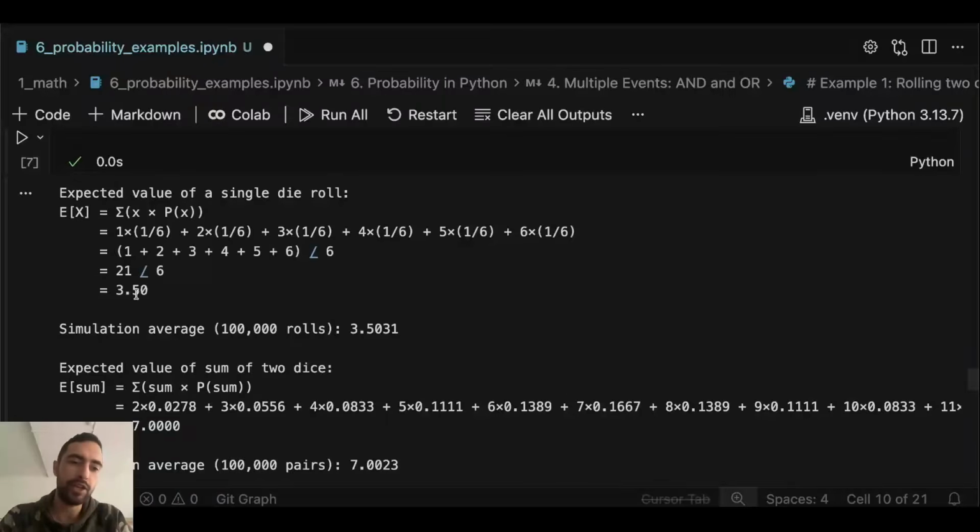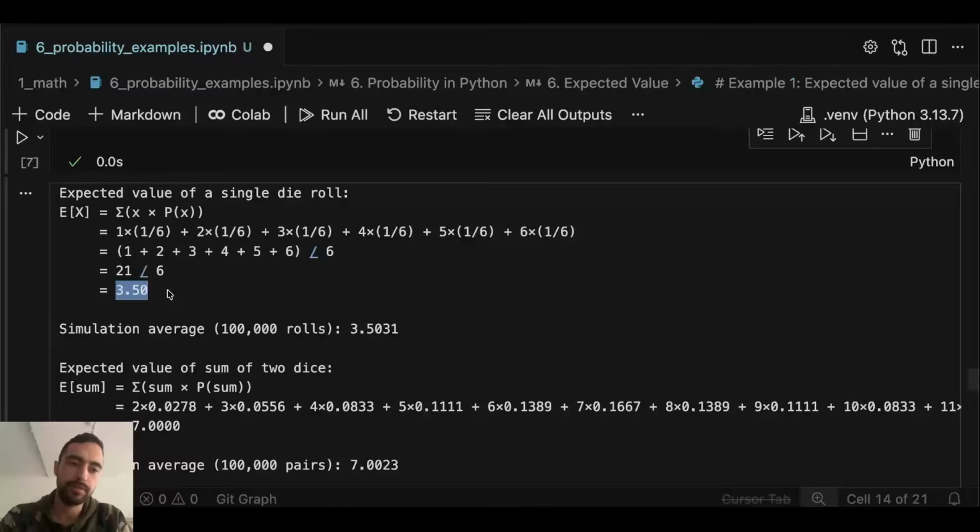But we can calculate the expected value by multiplying the value we will get, so 1, 2, 3, 4 times its probability. 1/6 is the probability for each of these values. And then sum up, and divide by the number to find the average or mean.